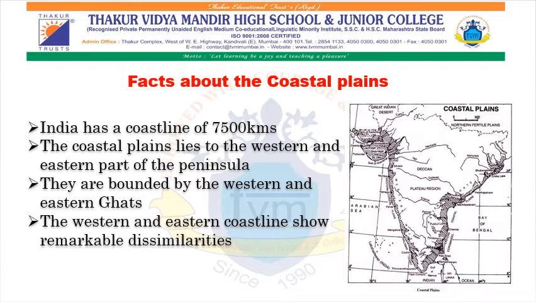The coastal plain lies to the western and the eastern part of the Peninsula Plateau. They are bounded by the Western and the Eastern Ghats. The western and eastern coastlines show remarkable dissimilarities. This coastline, as I said, is divided into western and eastern parts. We are going to learn the difference between the eastern and western coastal plain.